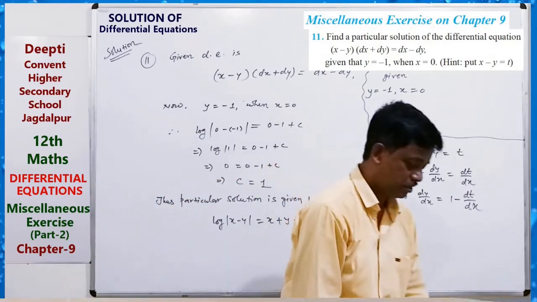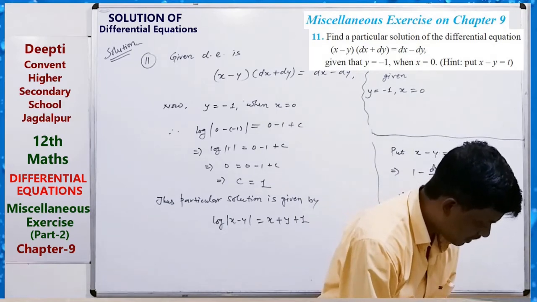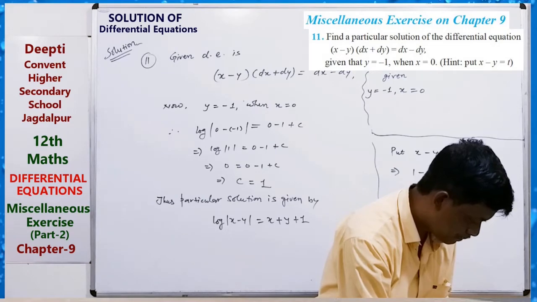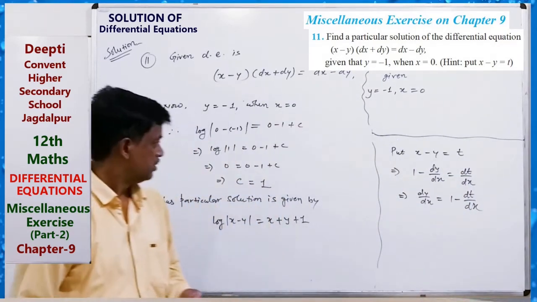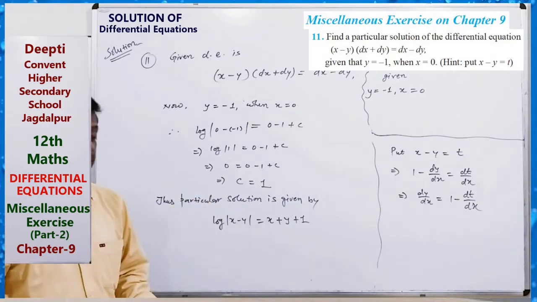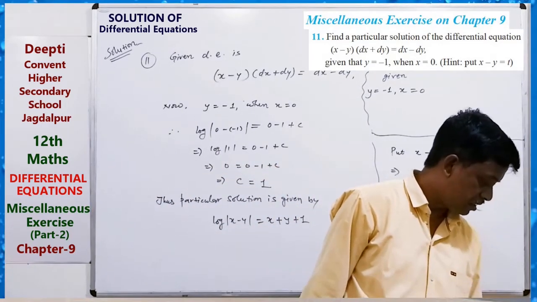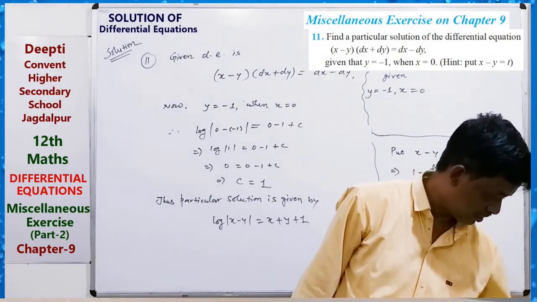This is the solution of 11. Clear? So this is the method for finding the particular solution. Also 12 is also to solve the differential equation, and 13 find the particular solution.